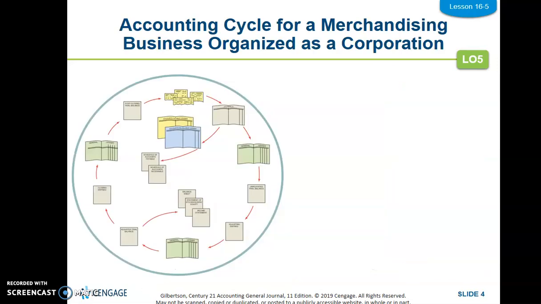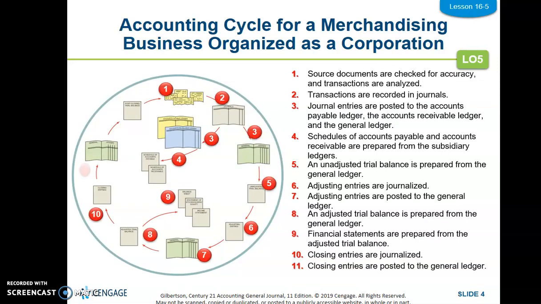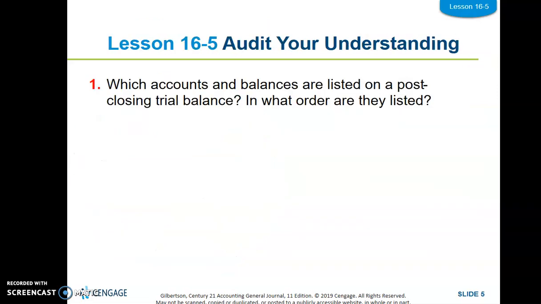Very, very simple. We went through this earlier, so we're going to fly through it again. What accounts and balances are listed on a closing trial balance, and in what order are they listed?